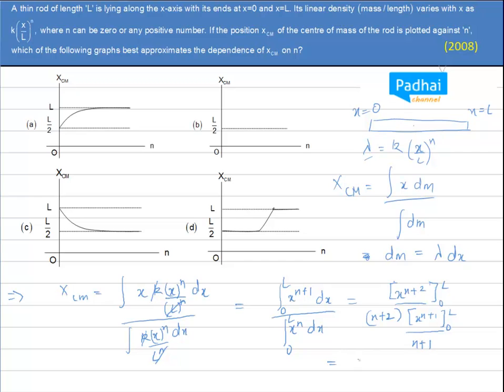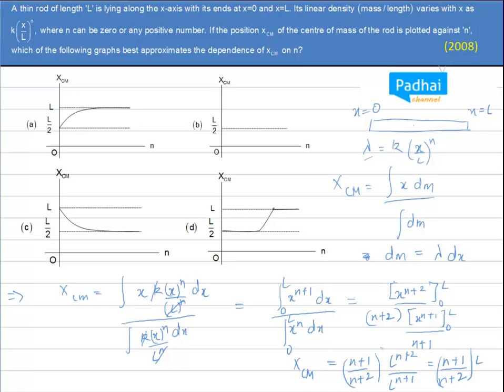So if we put the limits, we'll get n plus 1 divided by n plus 2, into L raised to power of n plus 2 divided by L raised to power of n plus 1, which will be equal to (n plus 1) divided by (n plus 2) into L. So this is basically the formula that we are getting for x center of mass, right?